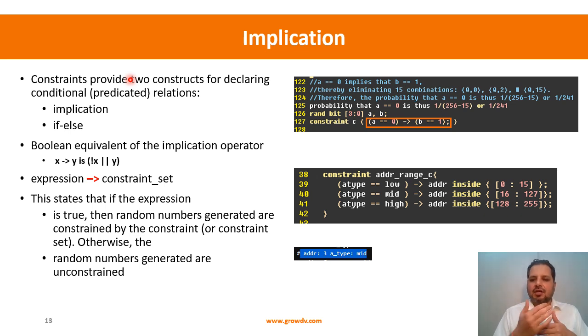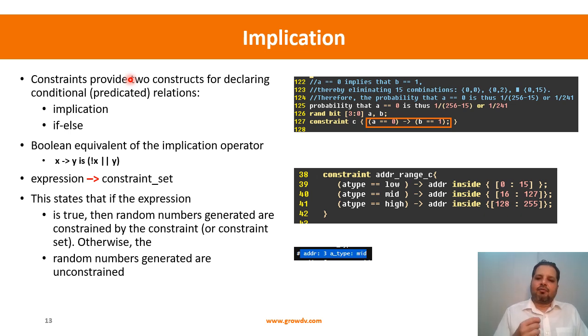You can either use an implication operator or you can use an if else. Both are equivalent. The only difference is structural: in if else, when if, you can provide certain constraints, and in else you can provide certain other constraints. But the way else executes is exactly as the negation of the implication operator that you have used in if. That's the only way it works. Apart from that, there is no difference.